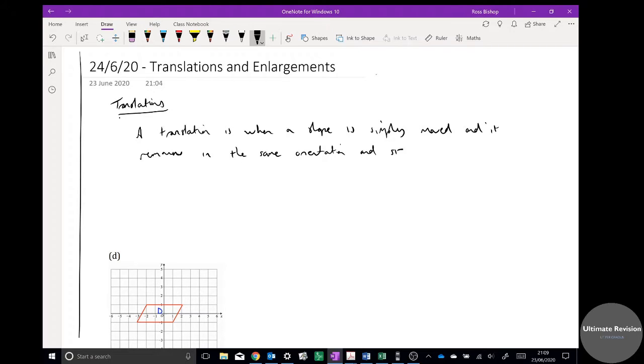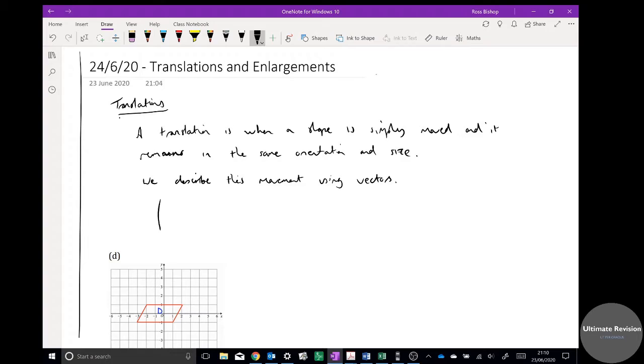So it stays exactly the same, you're just moving it somewhere else. And we describe this movement using vectors.